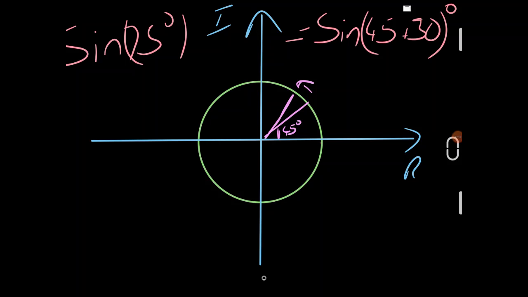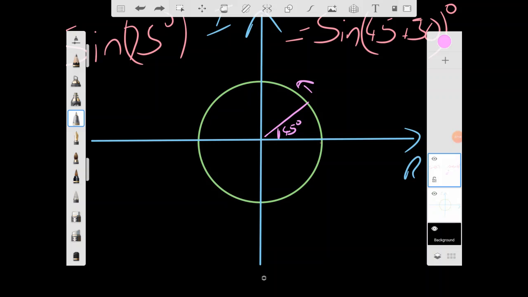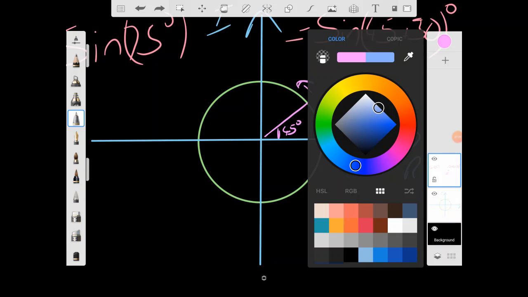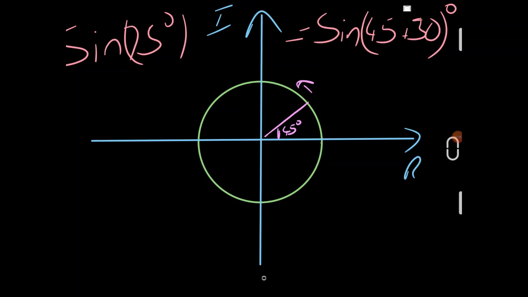Let me draw a perfect line. I use another color, then I can rotate this thing by 30 degree. So to rotate by 30 degree I have to multiply by some complex value.